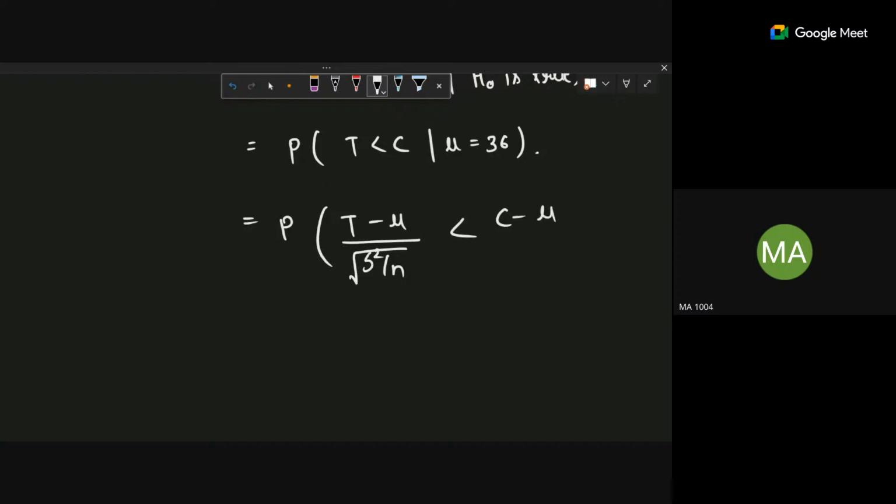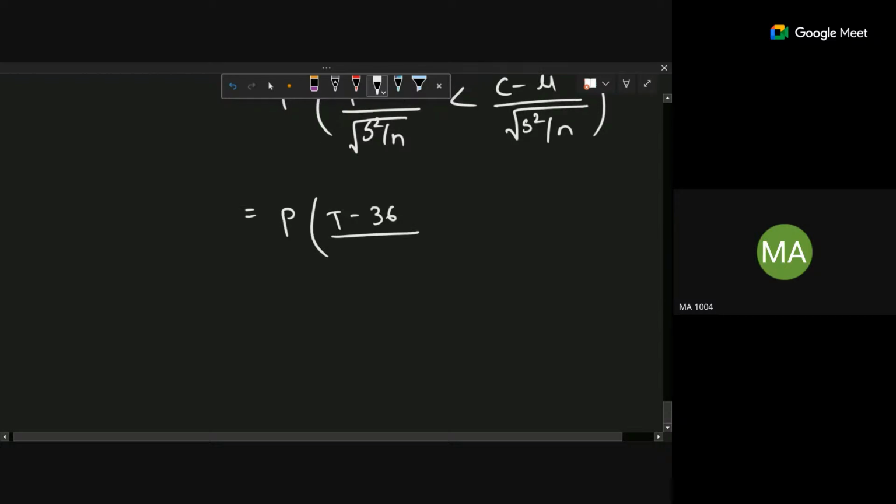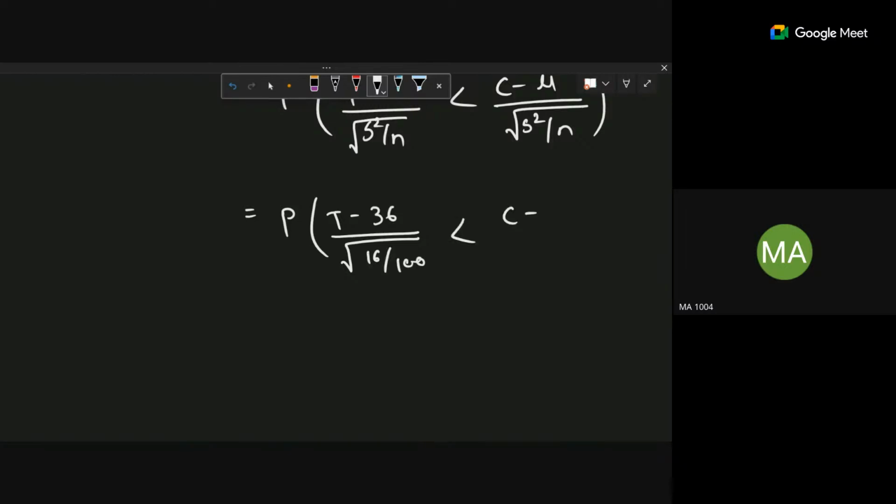We do the same thing, right? Yes, ma'am, S square by n. Okay. So put all these values there: c minus 36 upon square root of S square, which is 16, by n, which is 100.